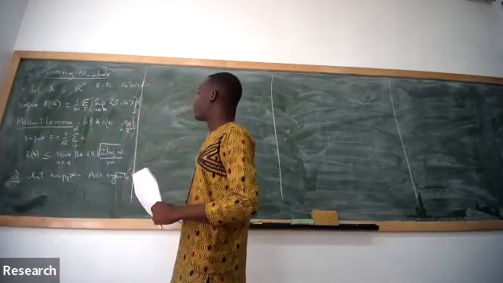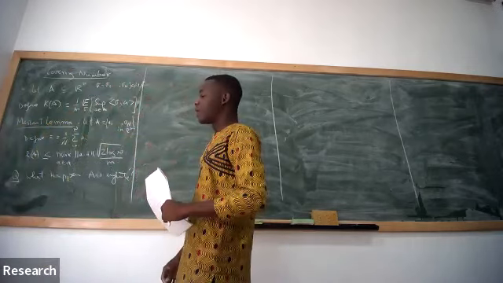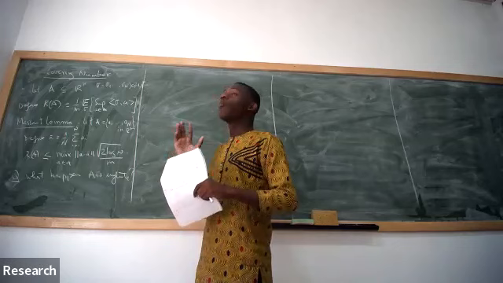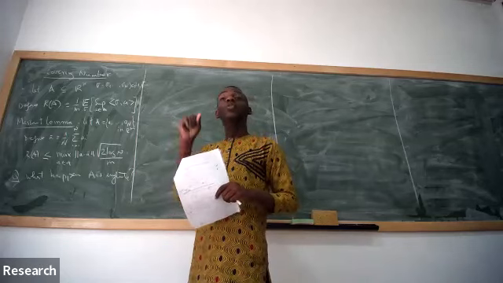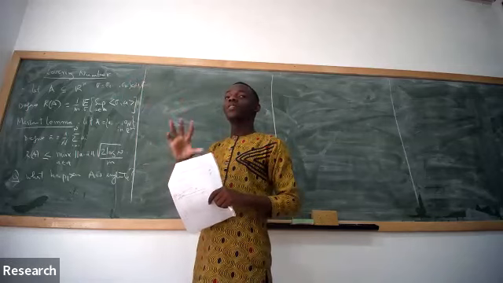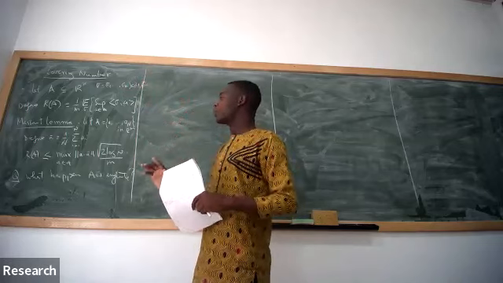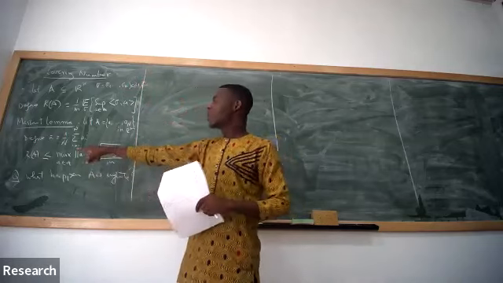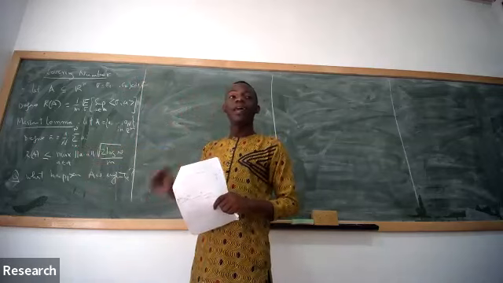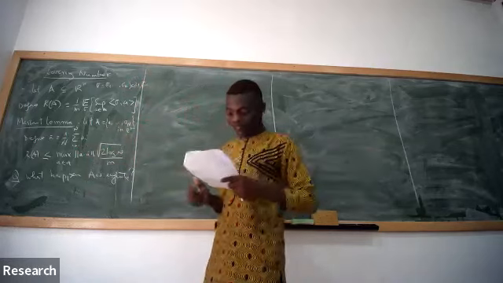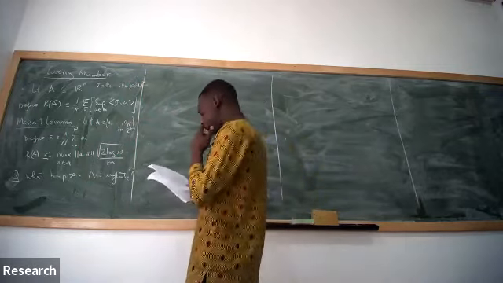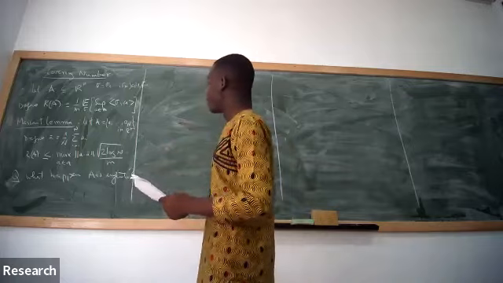We need to use a tool that I might call a sophisticated union bound. That is what the covering number will help us to do. It is a sophisticated union bound that will help us give an upper bound of the complexity of a set A when A is infinite or large enough. So that is the motivation behind it.